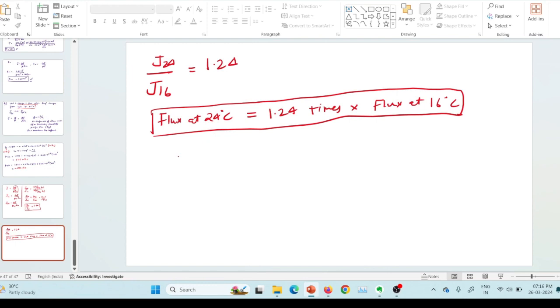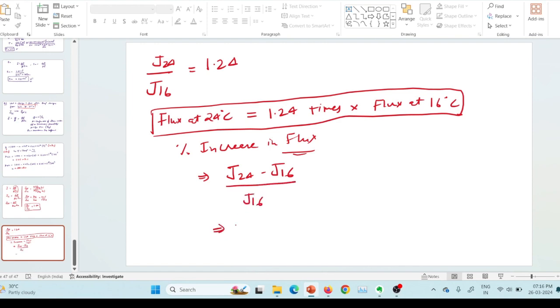If you want to calculate percentage increase in flux, then it can be calculated as J at 24 minus J at 16 divided by J at 16.